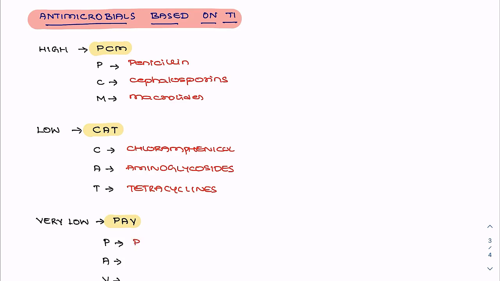This is polymyxin B. A stands for amphotericin B, and V stands for vancomycin. This you need to remember. Is that clear? PCM, CAT, PA.